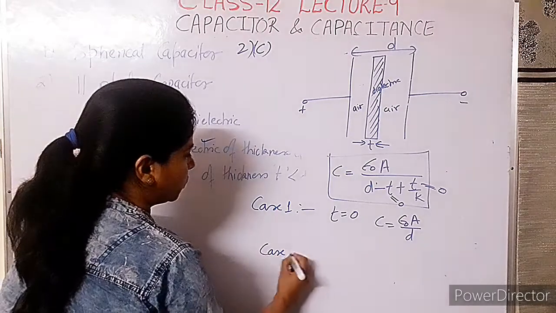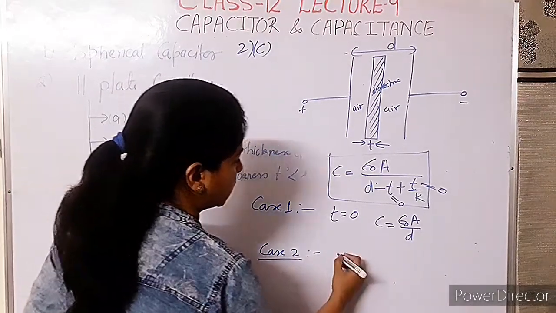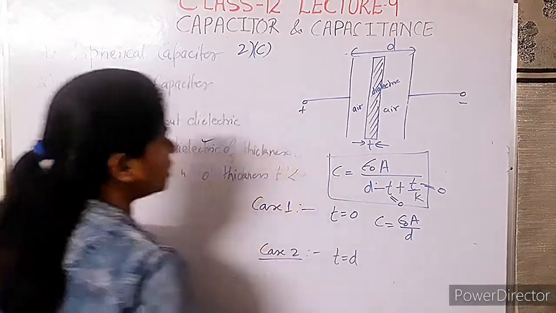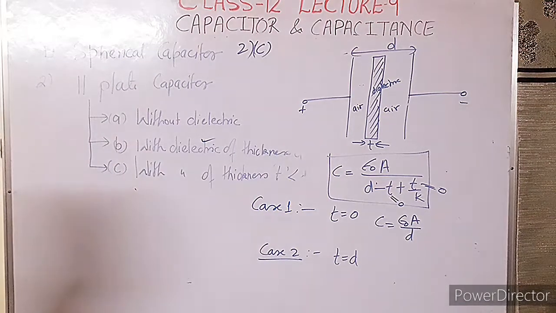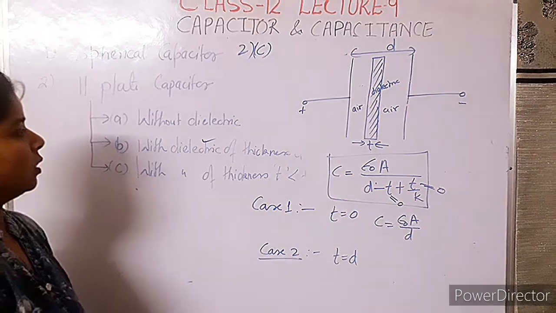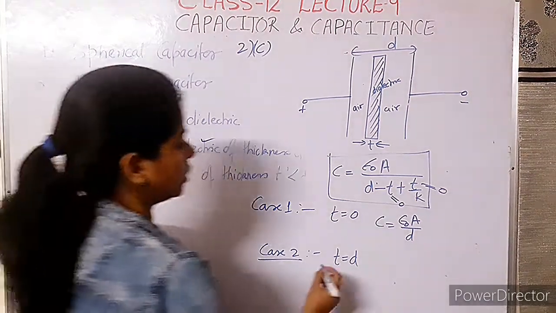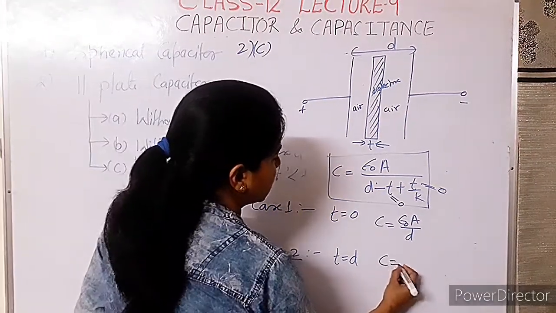Now, if we put the condition T is equal to D, that means the plate distance is completely filled with dielectric, then we get the second result.